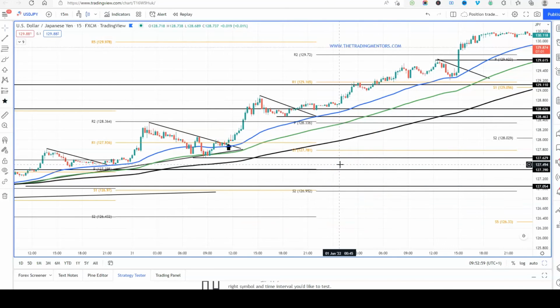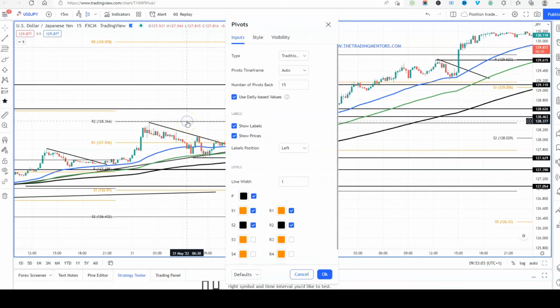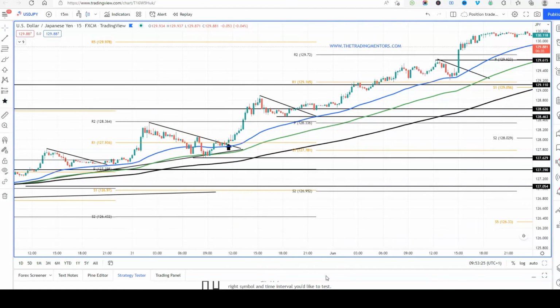Now I've made some adjustments. All you need to do is double click on the pivot. Then I'll explain what they are. And all you need is the central pivot, you need S1, you need S2, S3 and S4 you don't need, R1 and R2 you do need. I've painted the central pivot black so it's easier to see, and S2 and R2 as black because they are significant.